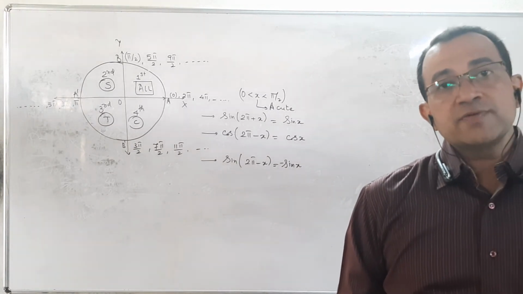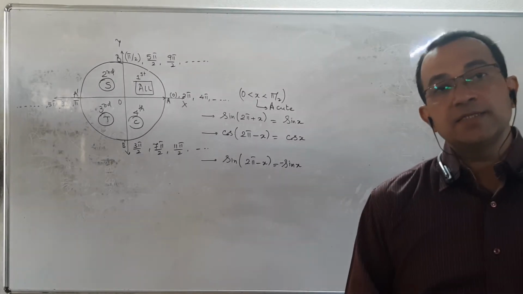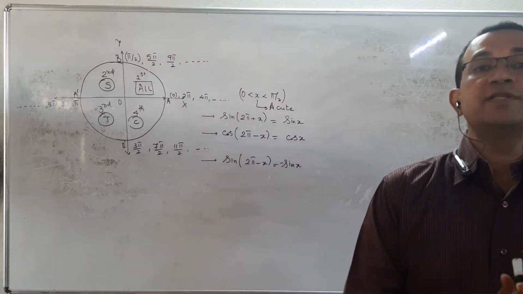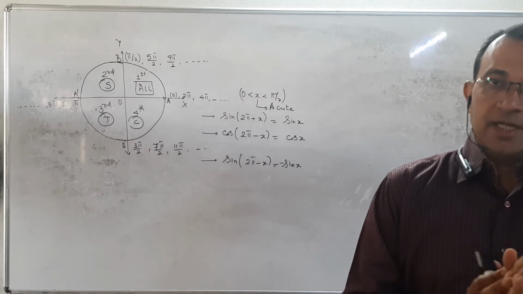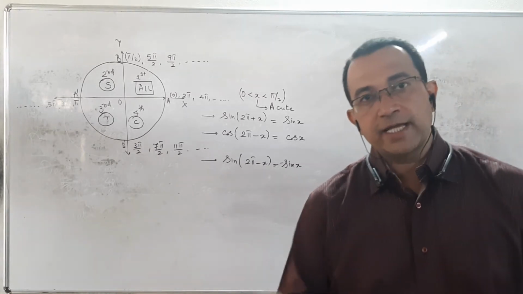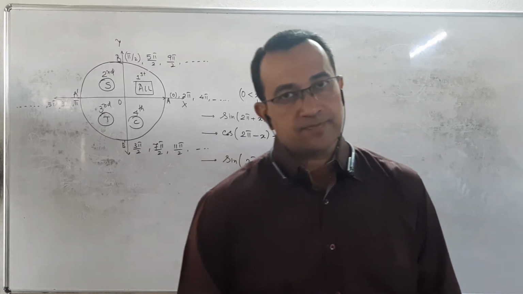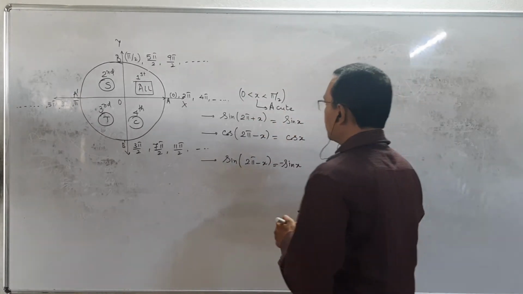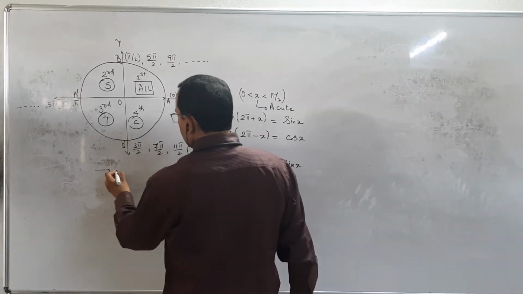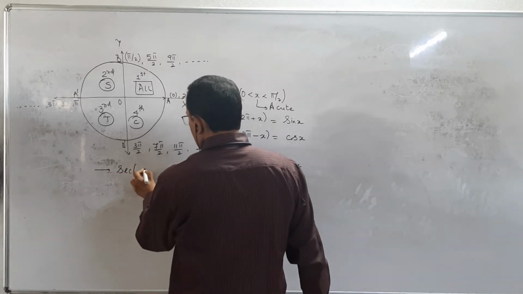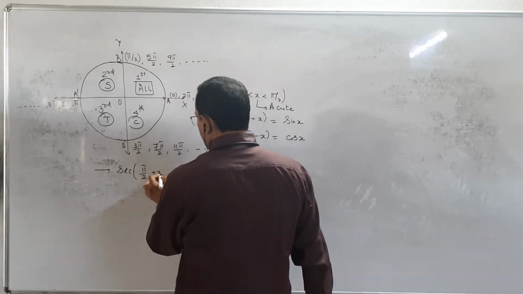So for all functions with a multiple of pi, the answer will be the same function with that acute angle x. Depending upon the quadrant and the ASTC rule, we have to decide the sign. Okay, a few more sums. Suppose I am writing sec of pi by 2 plus x.